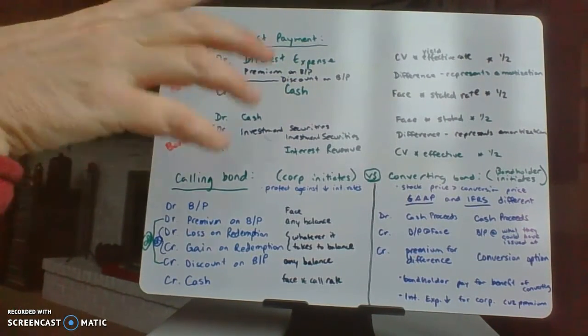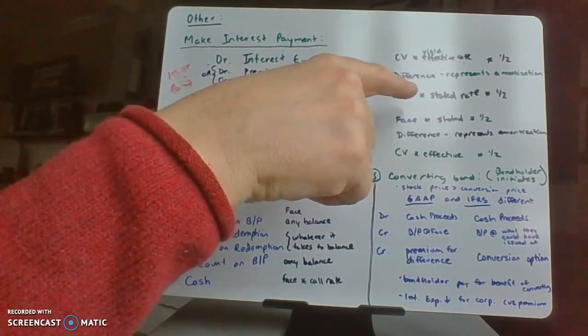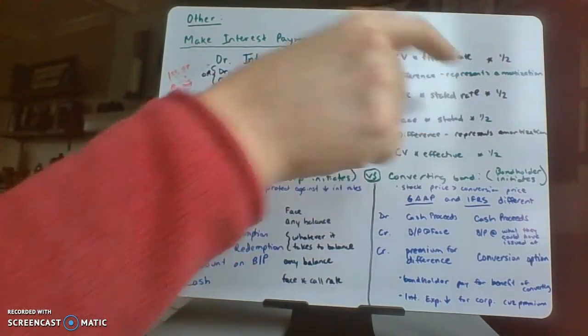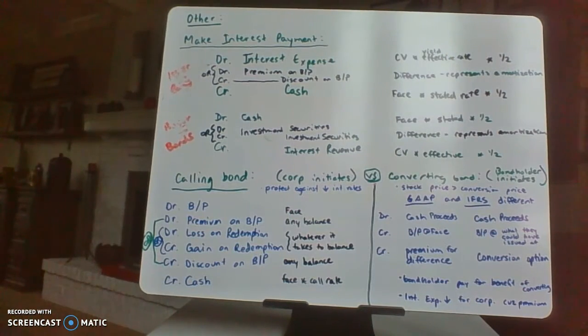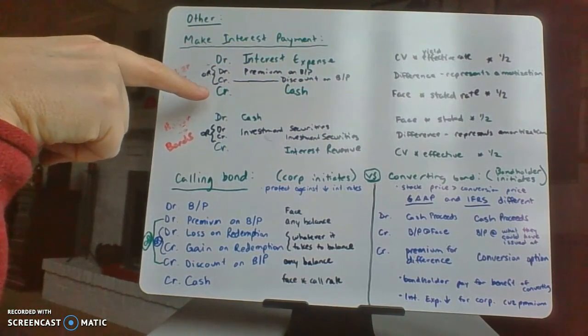So it's going to be the same amount as the key. So I'm going to credit cash for the face times stated rate times half, like we've talked about. So I always figure that out first. And then we're going to debit interest expense for the carrying value times the effective rate times 1/2. So the market rate versus stated rate. So debit interest expense, credit cash.